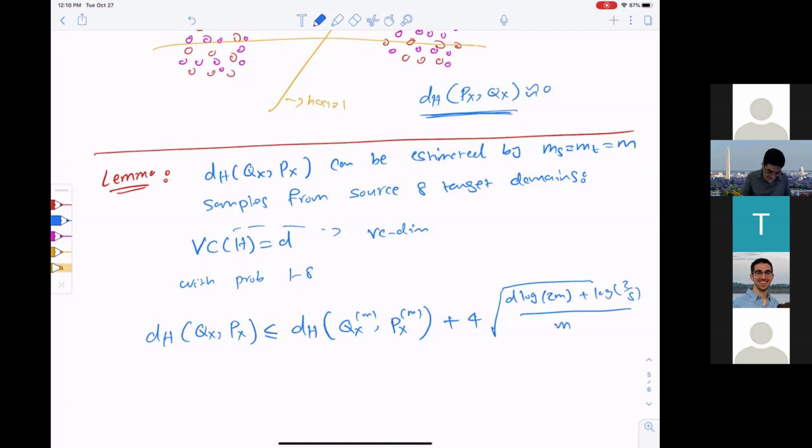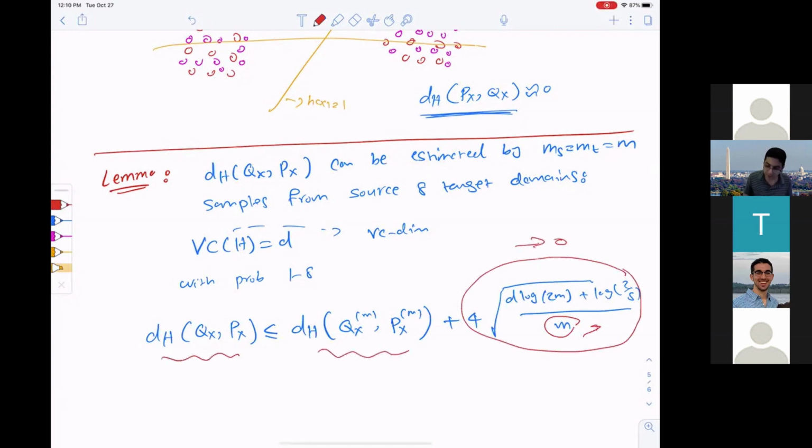If M is large enough, this term goes to 0, and the difference between the empirical estimate and the true H divergence between Px and Py can be sufficiently small.